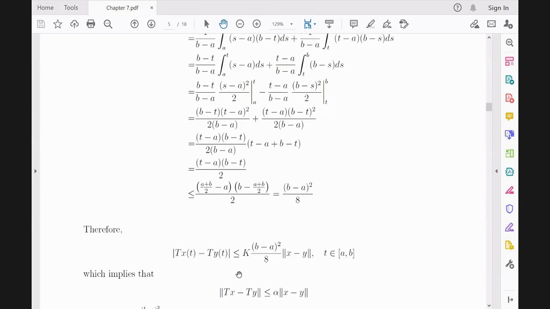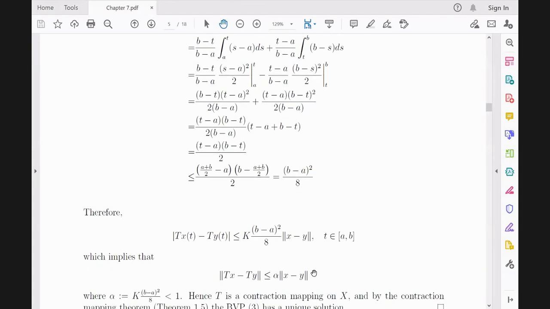Now this is just the norm of Tx minus Ty is less than or equal to alpha multiplied by the norm of x minus y, where alpha is k into (b minus a) square over 8, and this is given less than 1. So you can see this is a contraction.